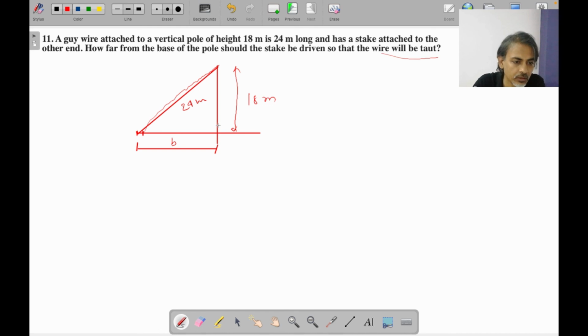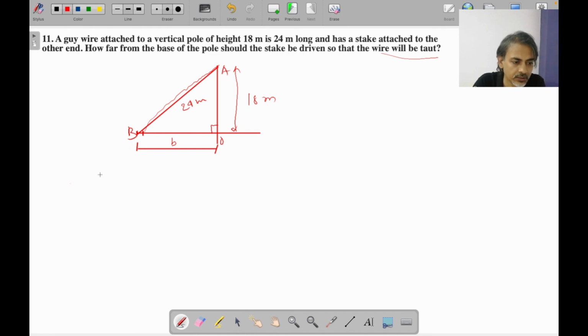So again we can see this is going to be a perpendicular. This pole is vertical. It is a vertical pole driven into the ground. So from the ground, this angle will be 90 degrees, and let's call it O again. Let's call it A and call it B. What we need to calculate again is OB.